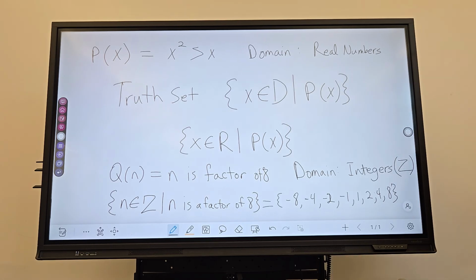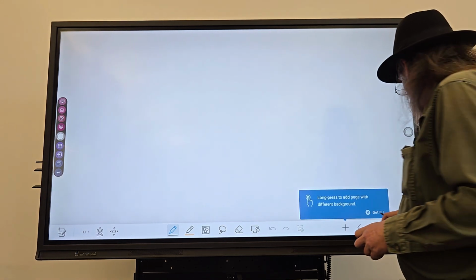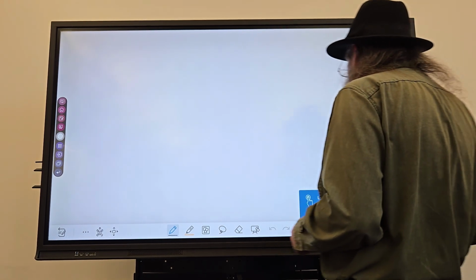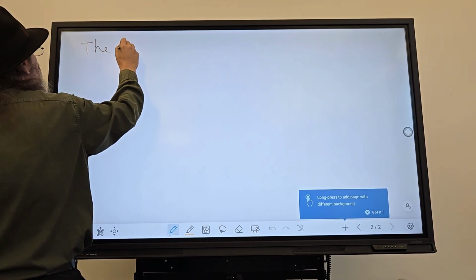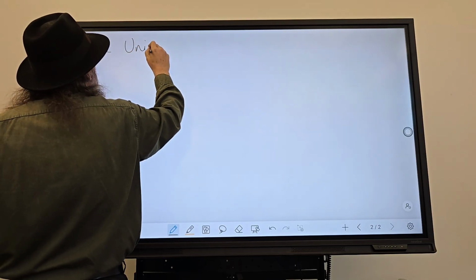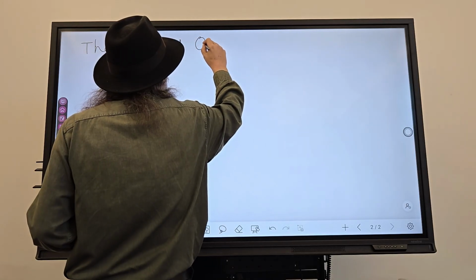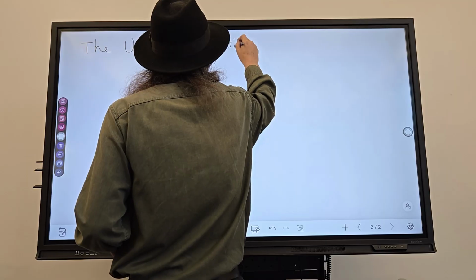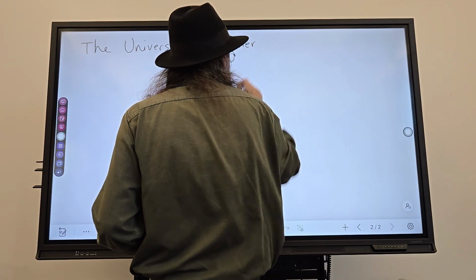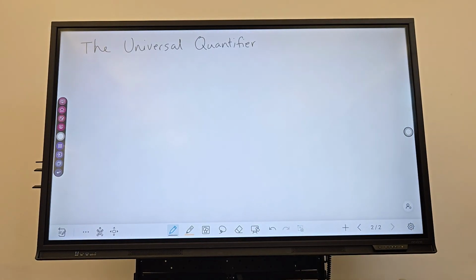Okay, let's see here. The universal quantifier. You can make a predicate a statement by assigning values to all the variables.